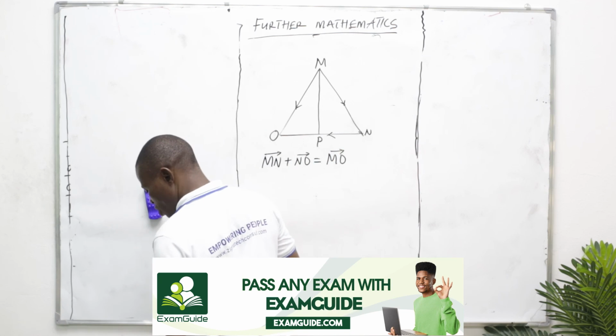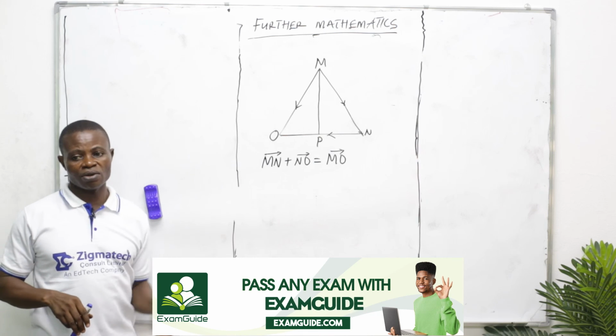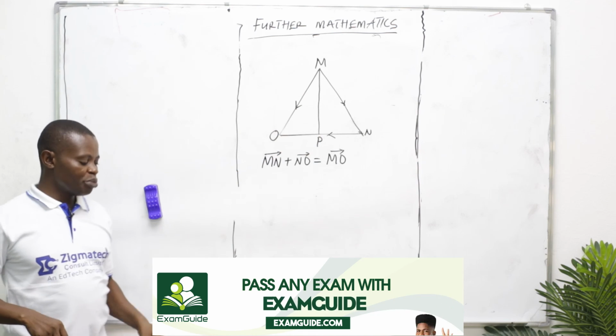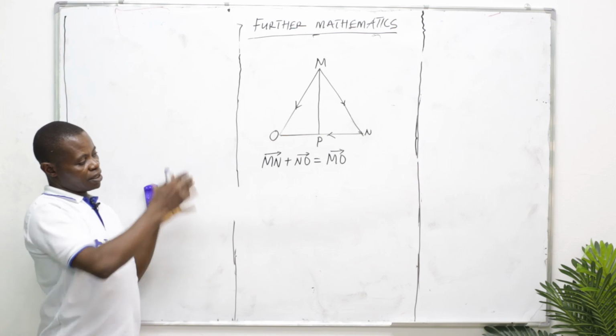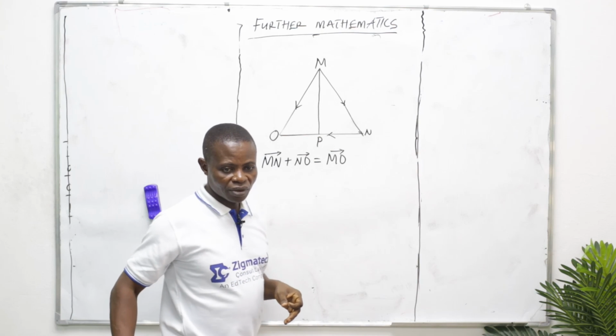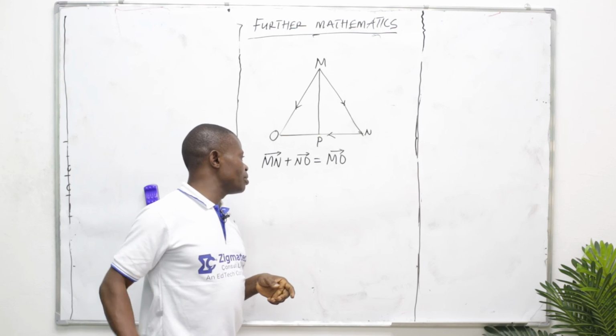You have to know how to establish relationships in vectors. Recall, this is the midpoint. Midpoint means half of that triangle. Now, find MP.